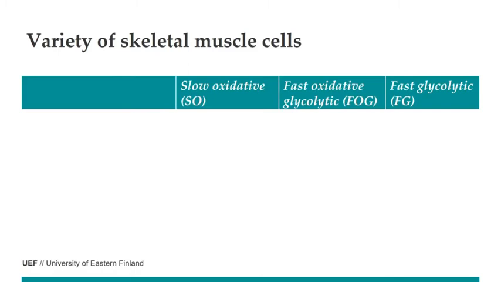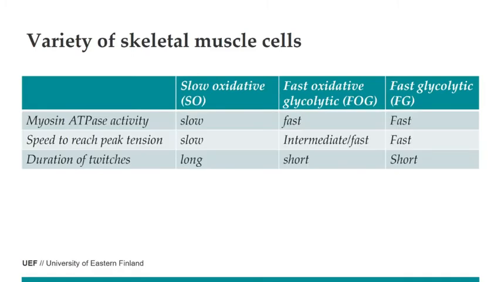The difference between fast and slow is perhaps related to the speed of making the contraction. And that is then related to the speed of the myosin ATP use. So the ATPase activity in these slow oxidative cells is slow.